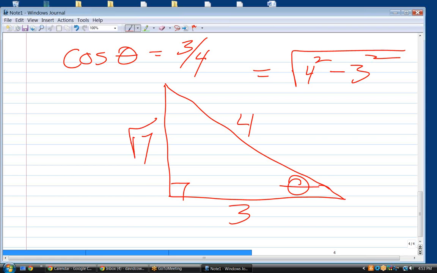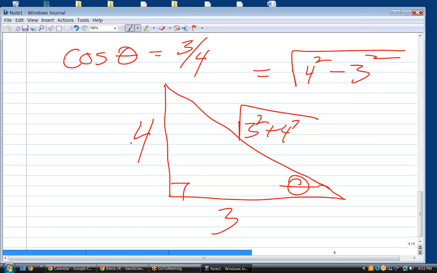Now, sometimes it might be the square root of a perfect square. In other words, if I were to give you this triangle, this is the square root of 3 squared plus 4 squared, which is the square root of 25, which is equal to a whole number, 5.